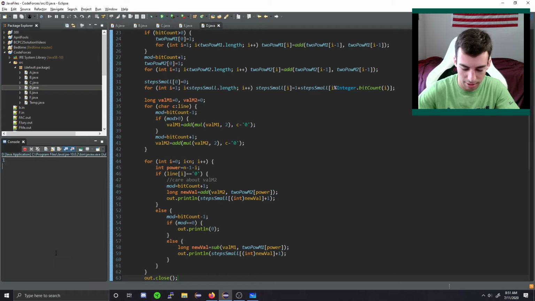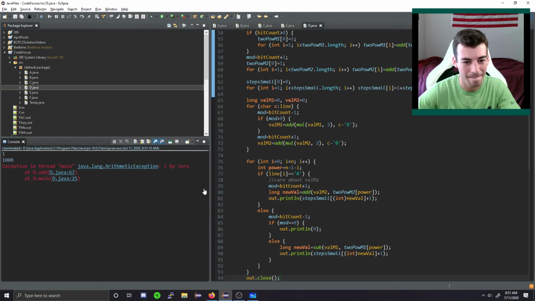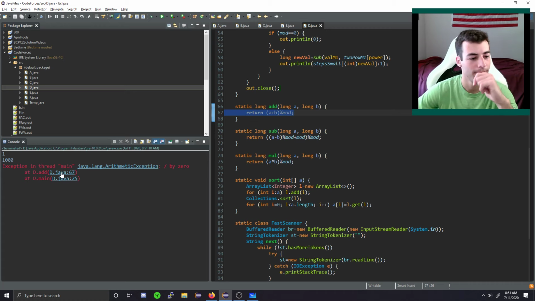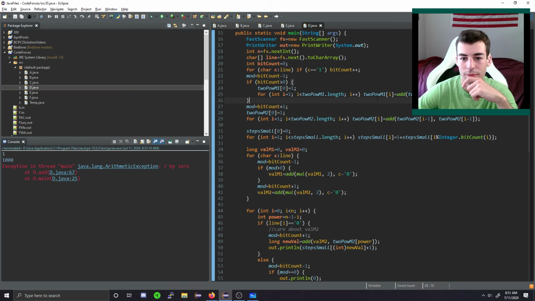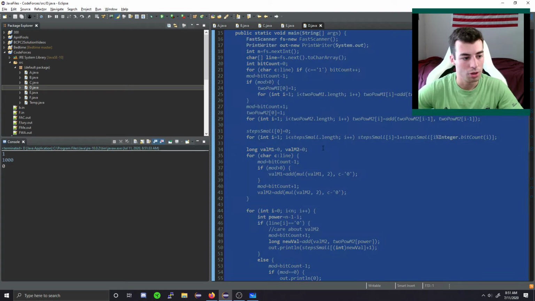Okay, the classic test case. Good thing we tested it. Bit count, or this should be mod. Mod is greater than 0. Good.